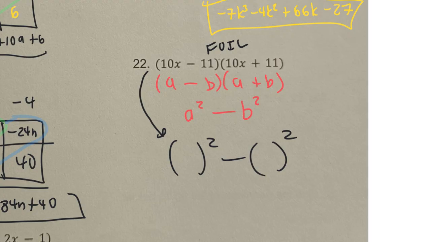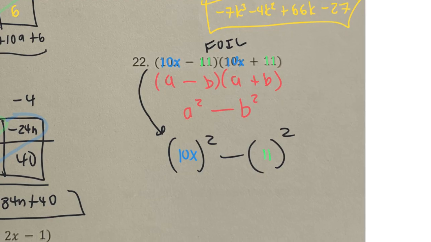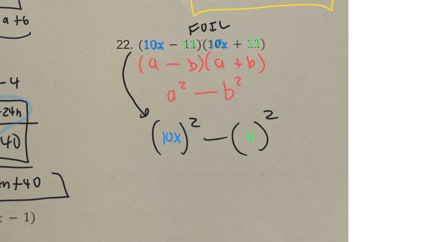Well, what is the thing that goes in the first parentheses? This blue 10x goes in the first parentheses. What goes in the second parentheses? This green 11 goes in the second parentheses, okay? And what does that become? Well, that would become 100x squared minus 121.